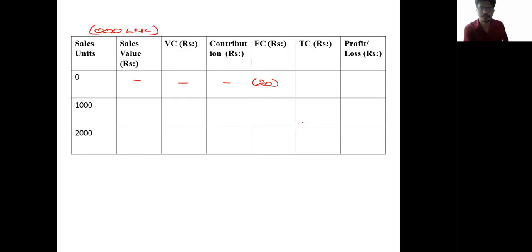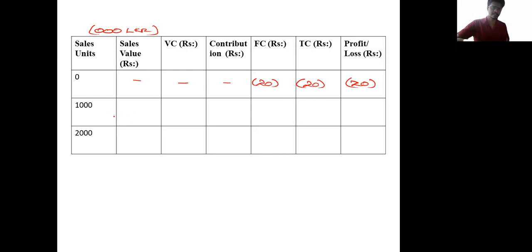When sales units are 0, total cost equals 20,000. Then profit or loss equals minus 20,000.